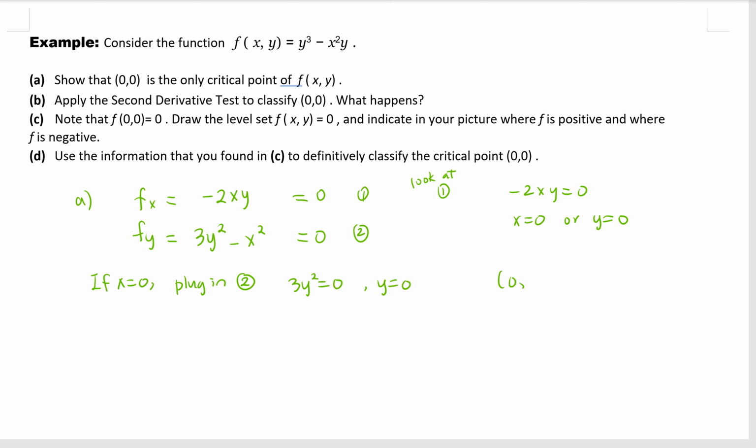So we get the critical point (0, 0). If y is 0, plug into the second equation, we have negative x squared is 0, so x is 0. So we also get the same point. So that's why (0, 0) is the only critical point.